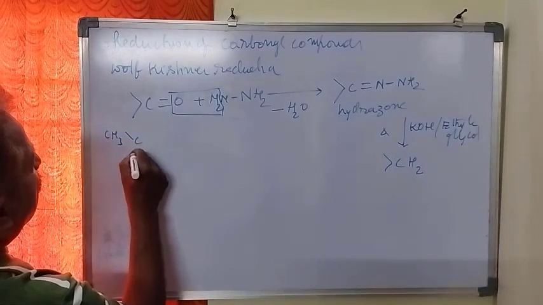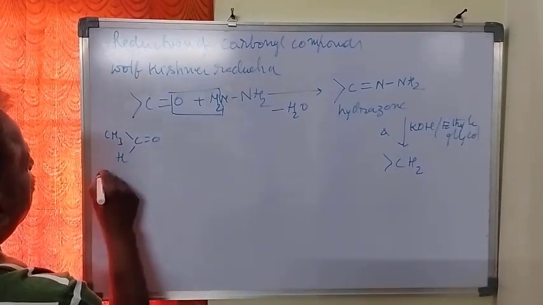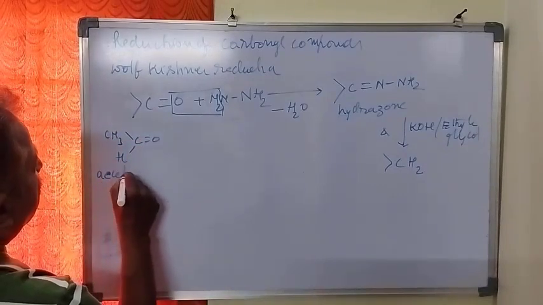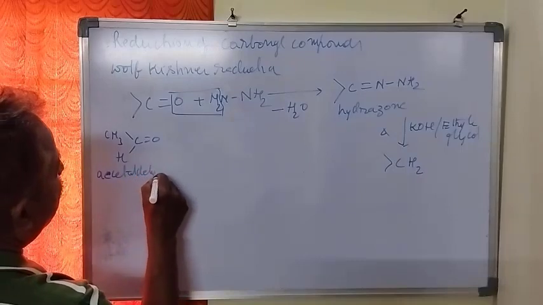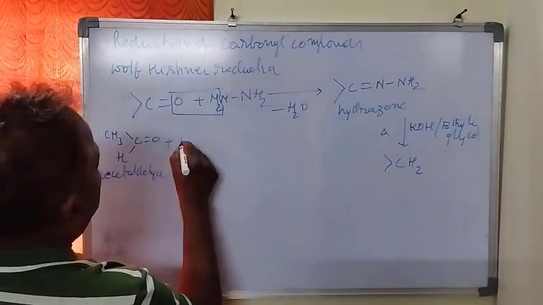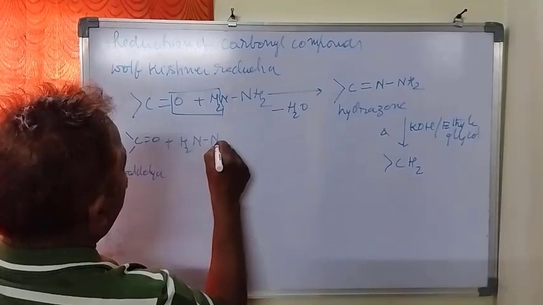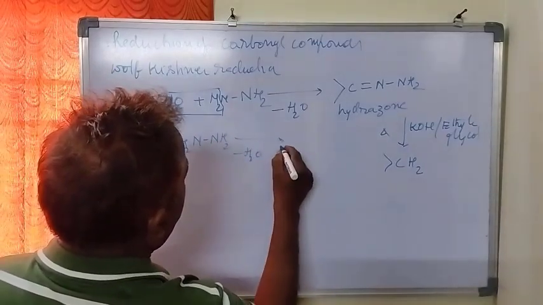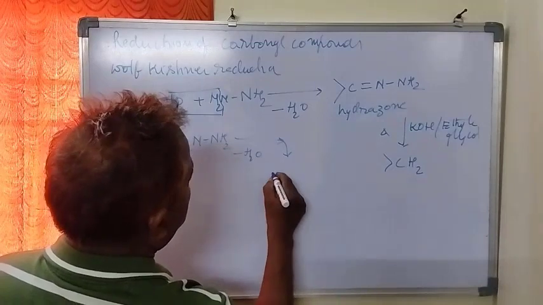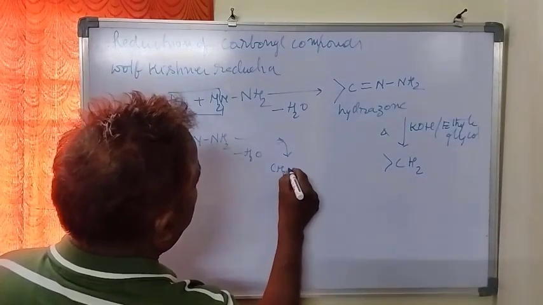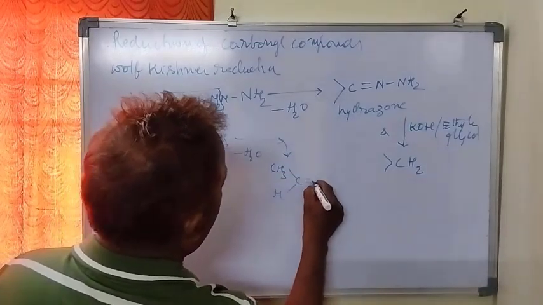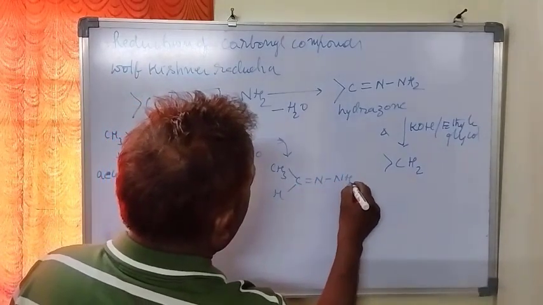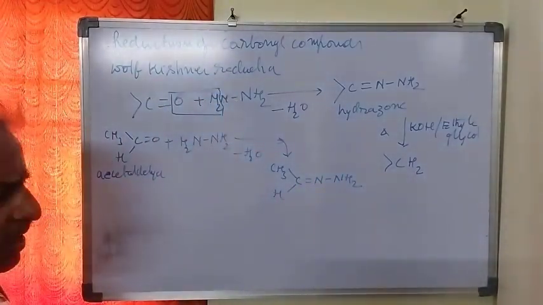Now let us take an example. This is acetaldehyde plus hydrazine, H2N NH2. Therefore we get minus water. What do we get here? This is CH3 CH double bond N NH2, acetaldehyde hydrazone.